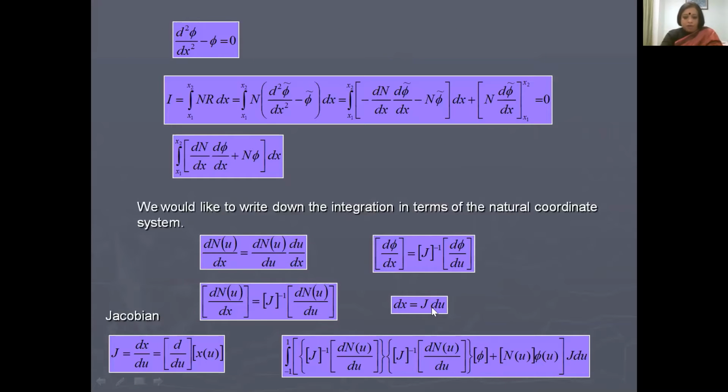Now, also when you convert these integrations, you have to remember that dx is not equal to du, but dx is equal to j du. So this is the integration that you need to perform. And if you take out phi(u) and express that as n into the nodal vector phi, you can take the entire nodal vector out of the integration, and whatever remains within the integration will be like your K phi equal to f, so K will be the stiffness matrix.